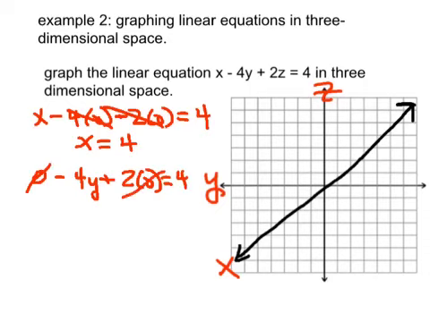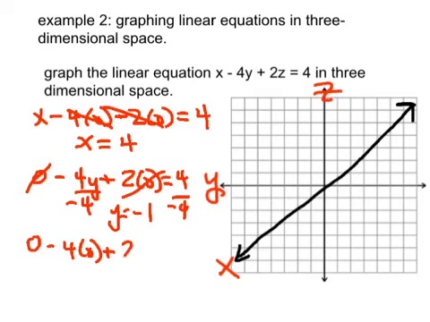Divide by negative 4. Y equals negative 1. And our z-intercept: 0 minus 4 times 0 plus 2z equals 4. Z equals 2.